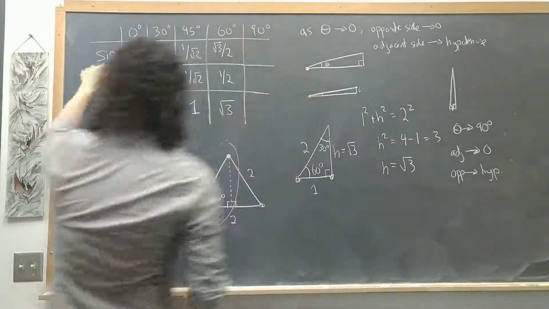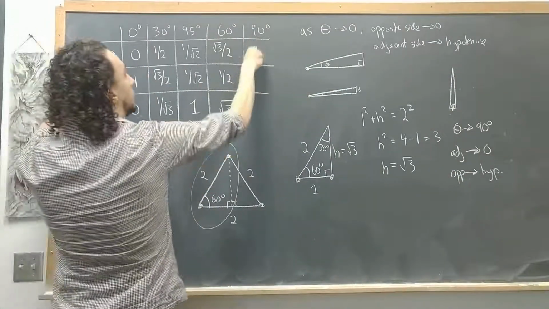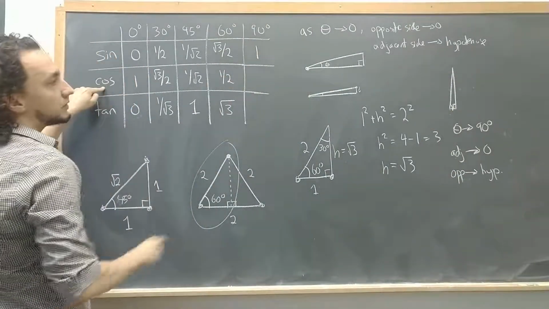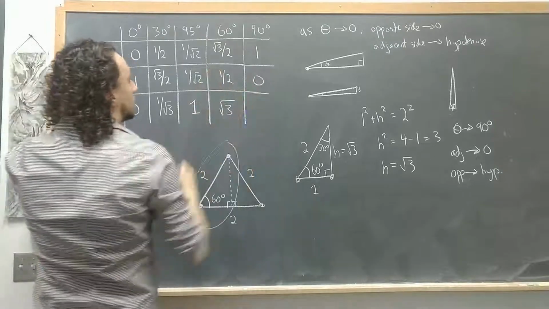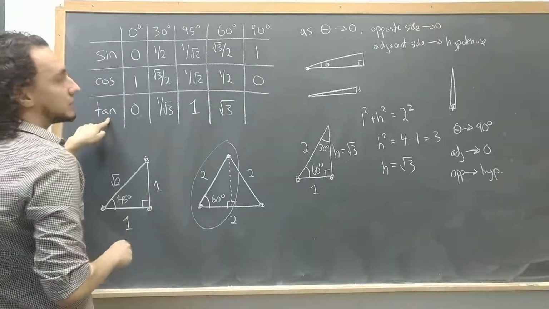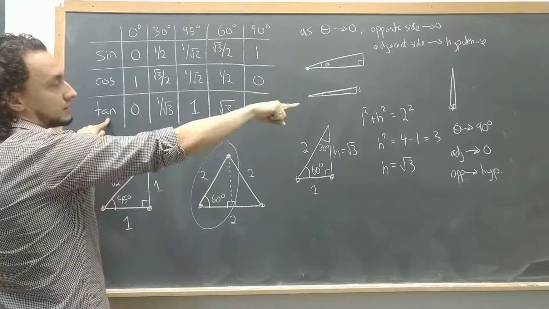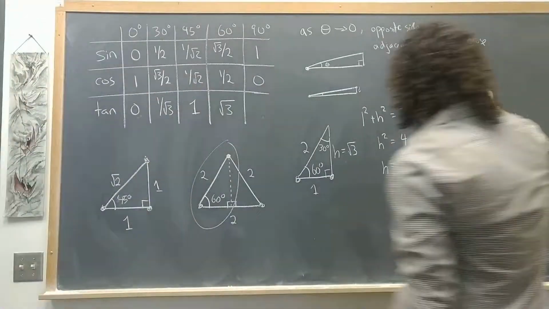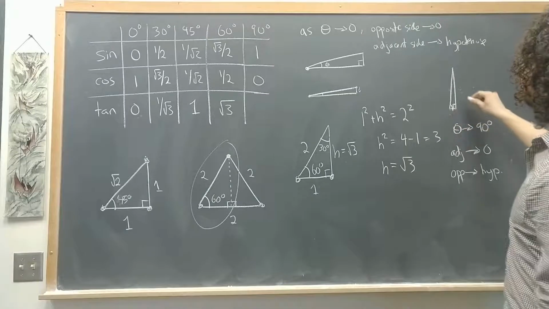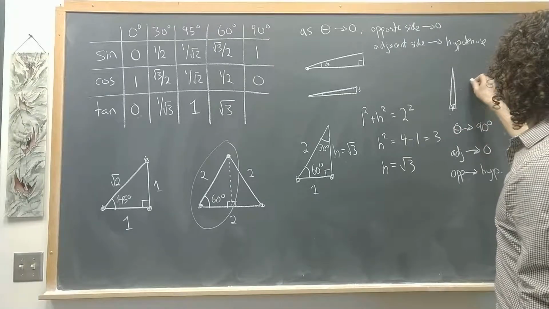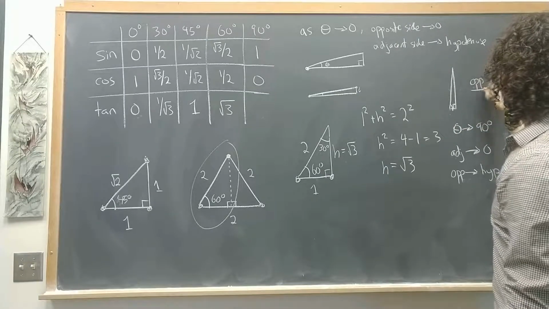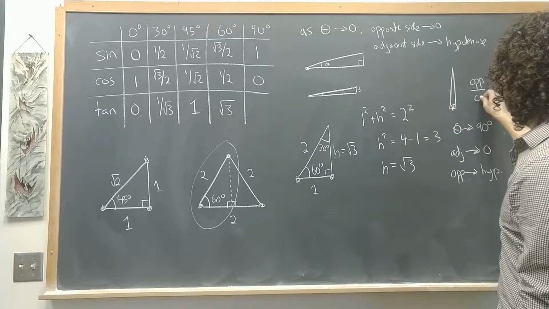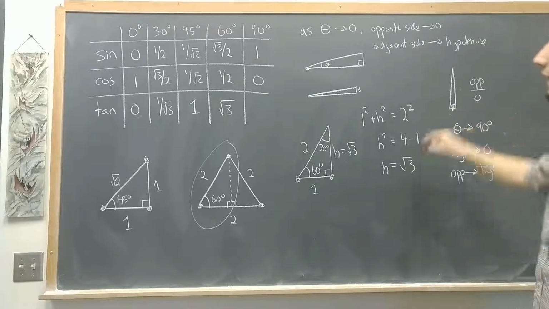So sine, which is opposite over hypotenuse, should approach 1. Cosine, which is adjacent over hypotenuse, should approach 0. And tangent, which is opposite over adjacent, should approach however long the opposite side is, divided by however long the adjacent side is, which is like 0.